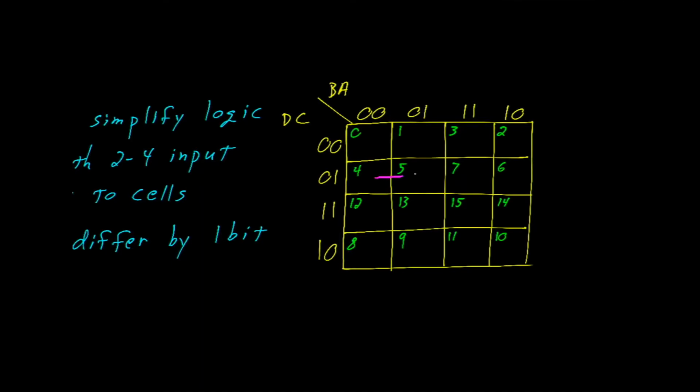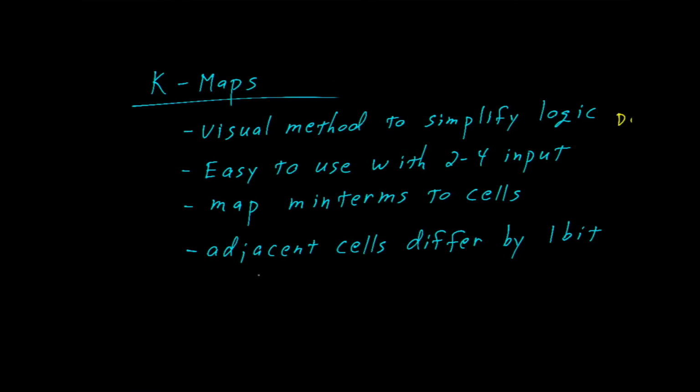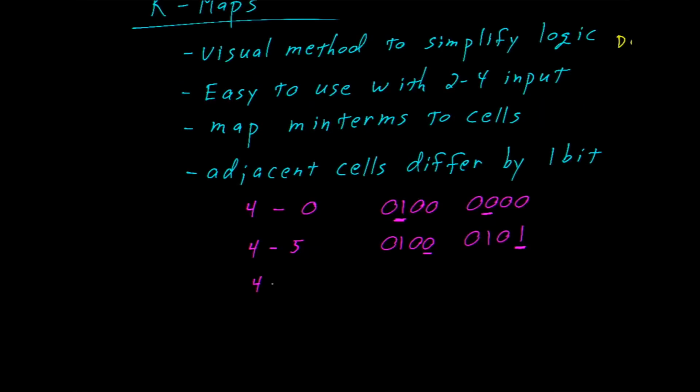4 is adjacent to 5. We'll show there's a 1-bit difference. 4 is adjacent to 0, a 1-bit difference, to 12 with a 1-bit difference, and if you go all the way around, number 6 is adjacent to number 4. 4 compared to 0 is 0100 versus 0000, where this is the single bit difference between them. 4 to 5, 0100 to 0101, where this is the single bit difference. 4 to 12, the difference is here.